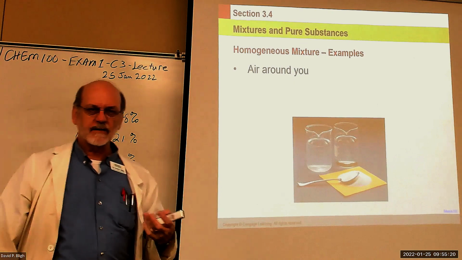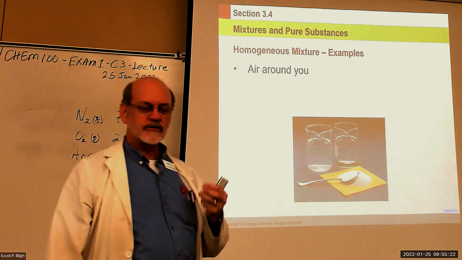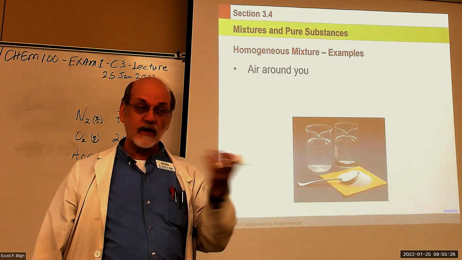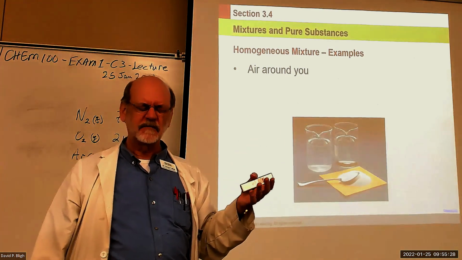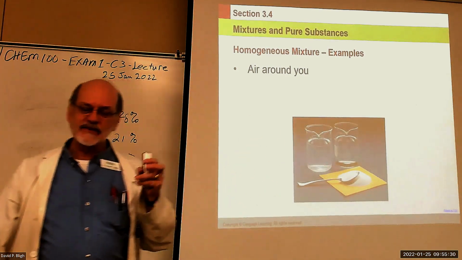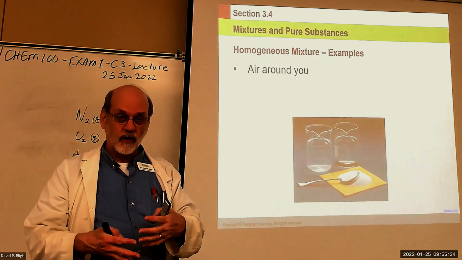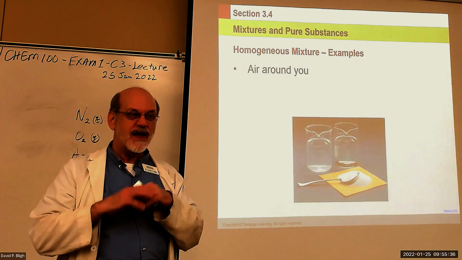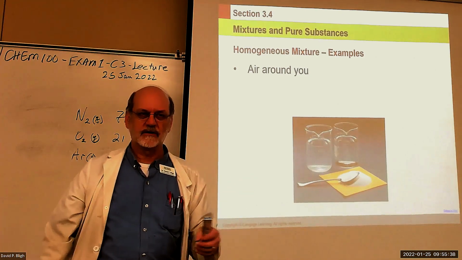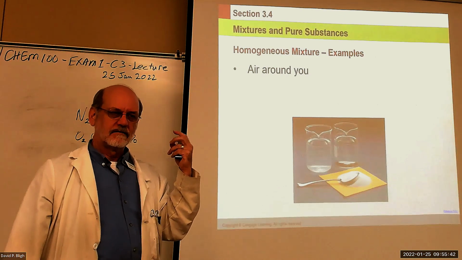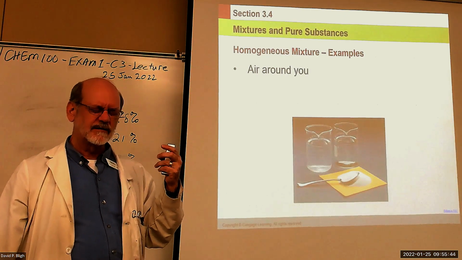And the interesting thing about gases is, if you take two pure substances, two pure gases, whether they're elements or compounds, doesn't matter. As long as they're gases, when you put them together, they always form a solution, a homogeneous mixture, every time, without exception. And when you think about it, what does it take to make a gas?